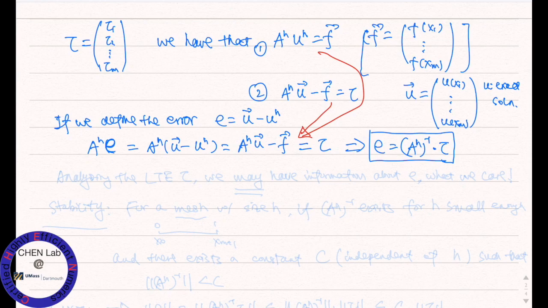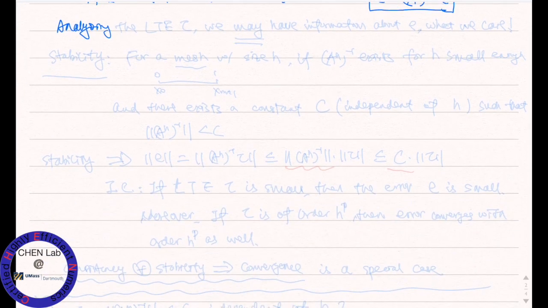So by analyzing the local truncation error tau, we may have information about E. What we care about is actually the error of your approximation, and for us to conclude that we indeed have some information about the error, we need the notion of stability.